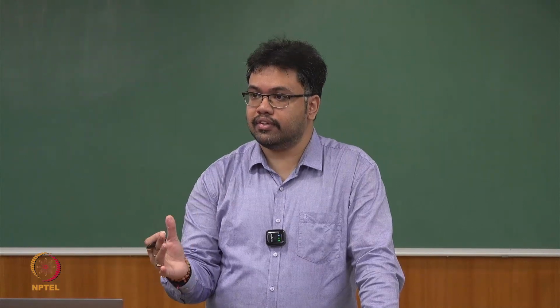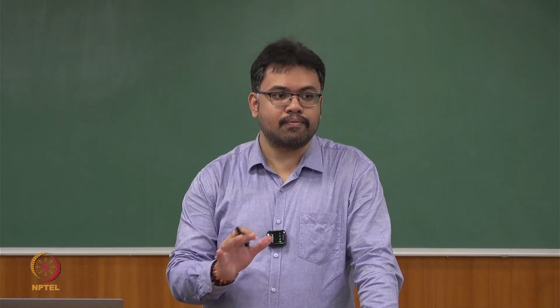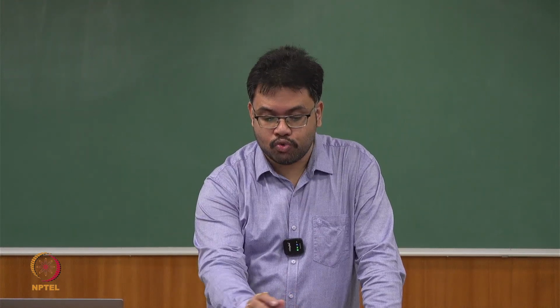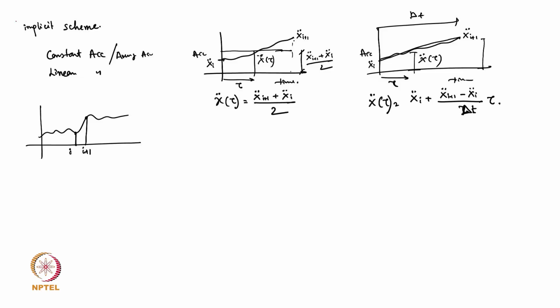You don't know this point, because you know only x i plus 1 and x i double dot, but you don't know x i plus 1 double dot.